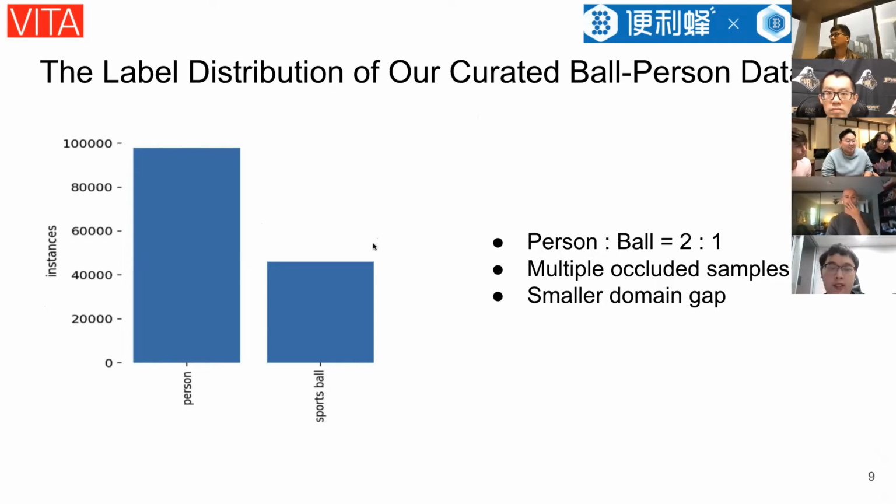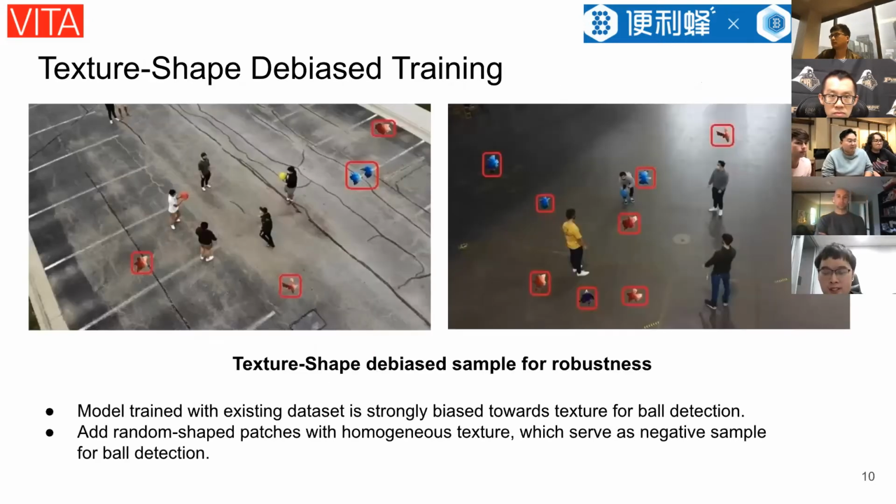From the distribution, the ratio of person to ball is 2 to 1, there are multiple occluded samples in these images, and the domain gap of the ball detection is smaller than the COCO data set.